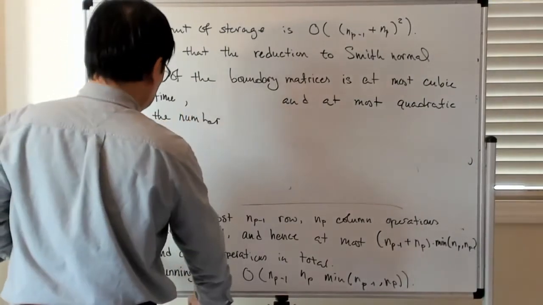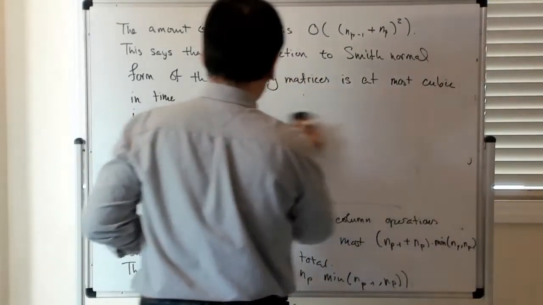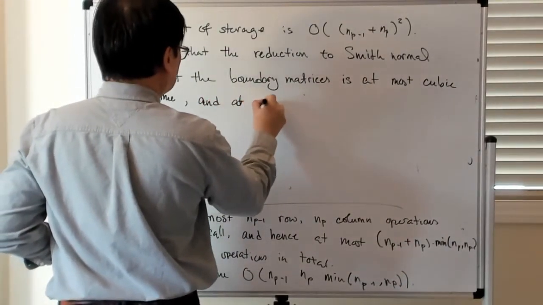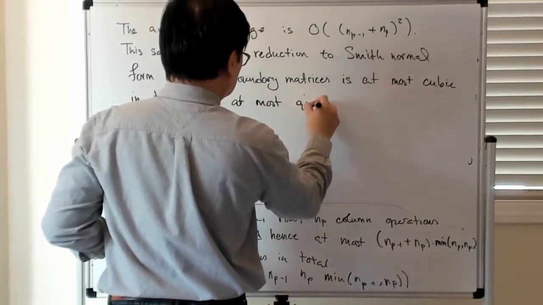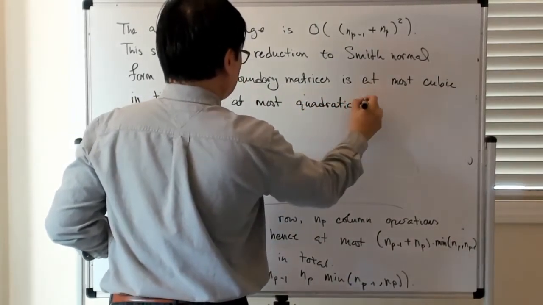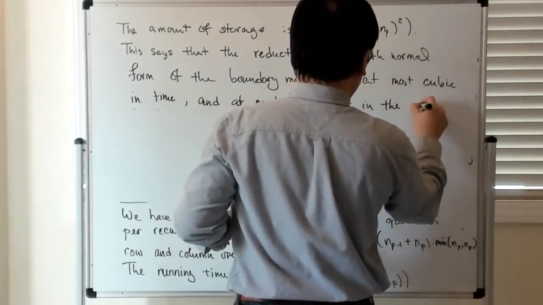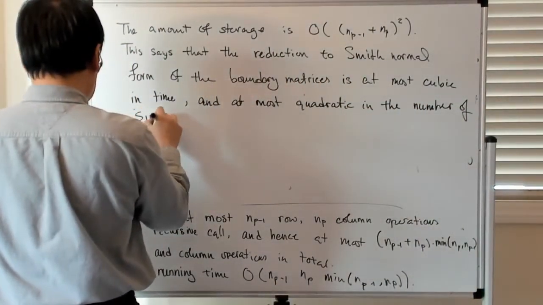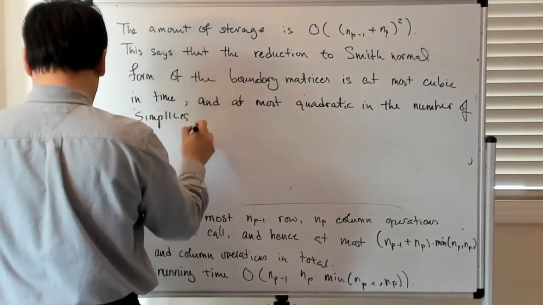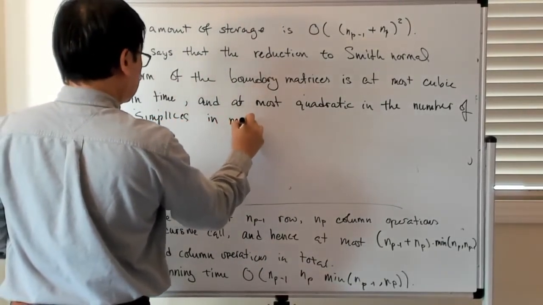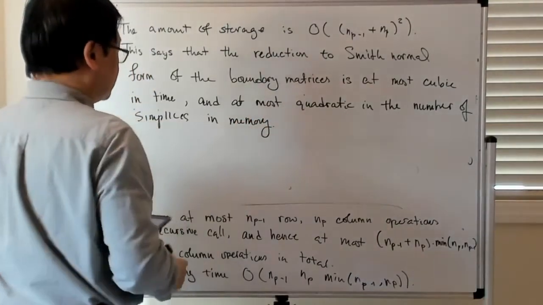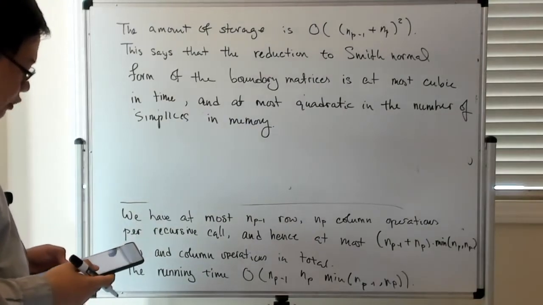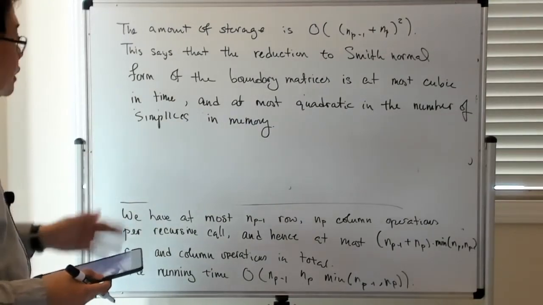Let me just rewrite that. At most quadratic in the number of simplices in memory. So this gives you an upper bound for how long these kinds of operations will take. Okay, so let me just stop here for now.